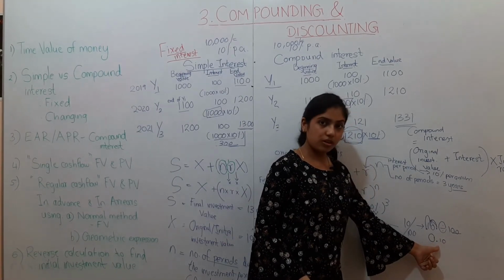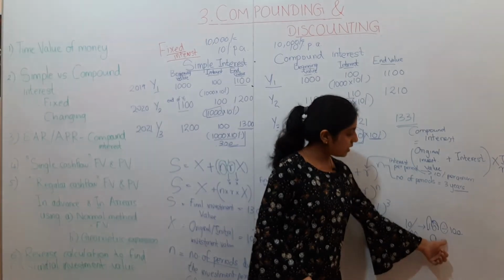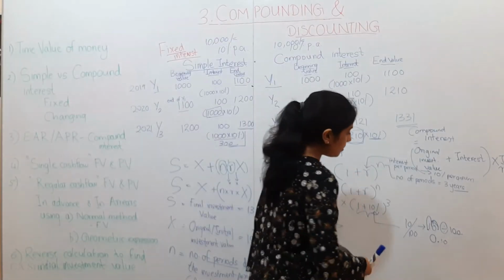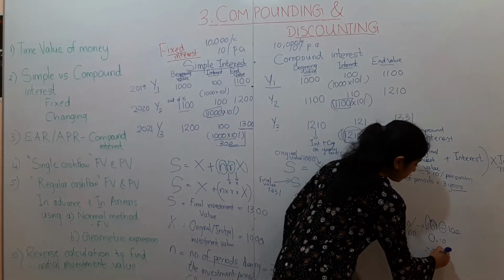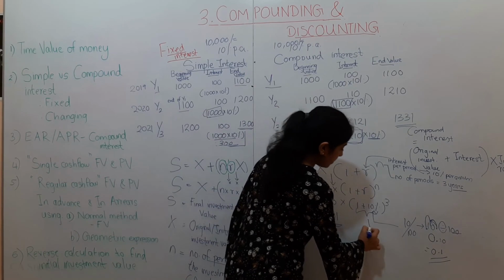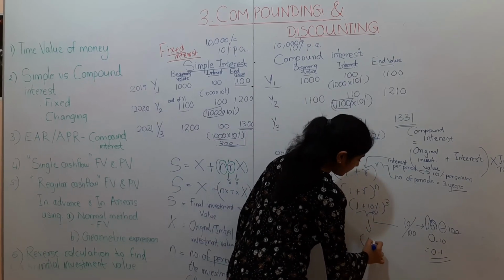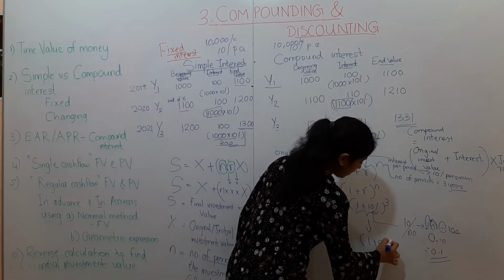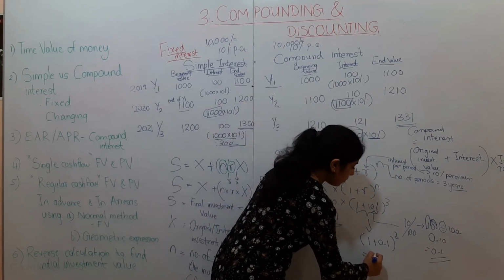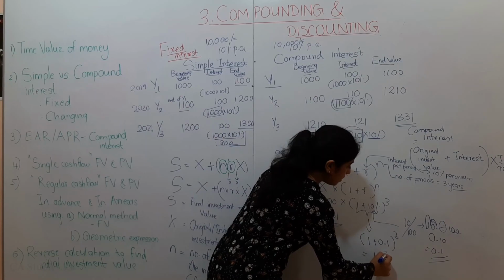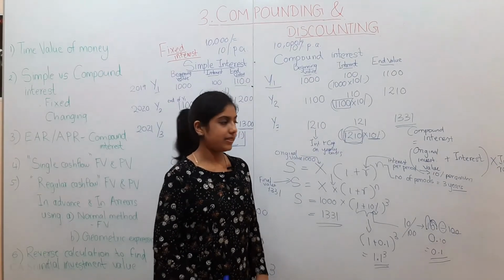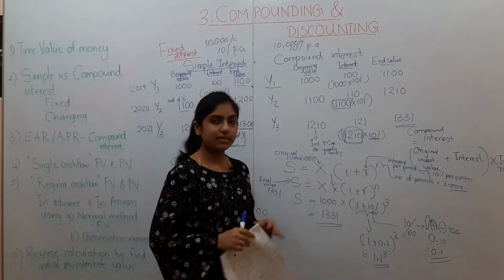I have told you all that a 0 after the decimal point at the end is not valid. So you could write this as 0.1. So this part will look like 1 plus 0.1 to the power 3. So this will become 1.1 to the power 3. Okay, that's for your understanding.